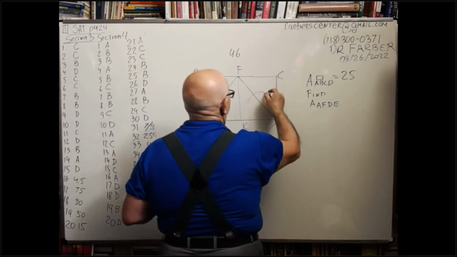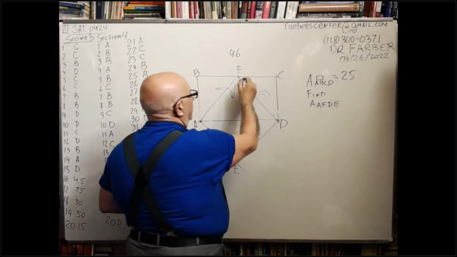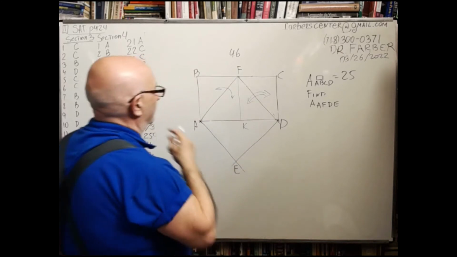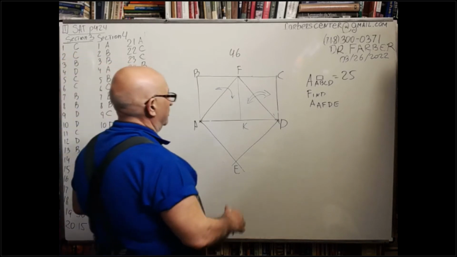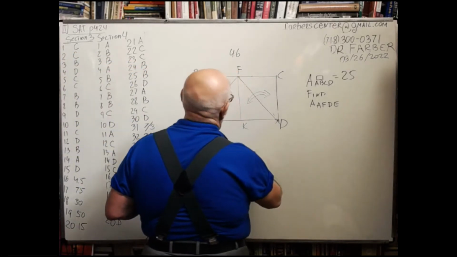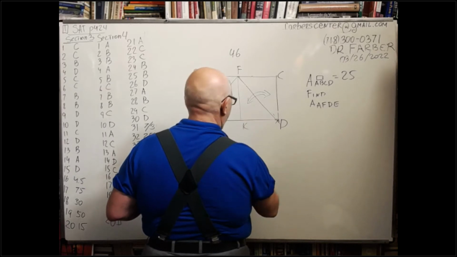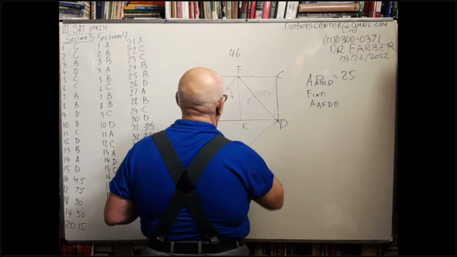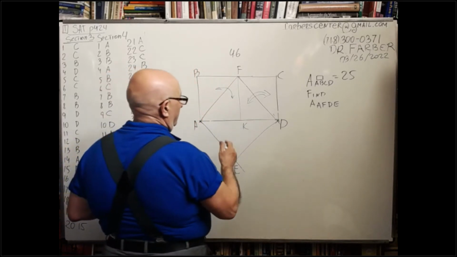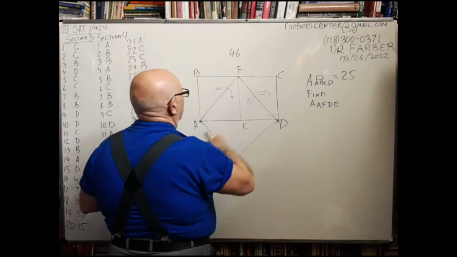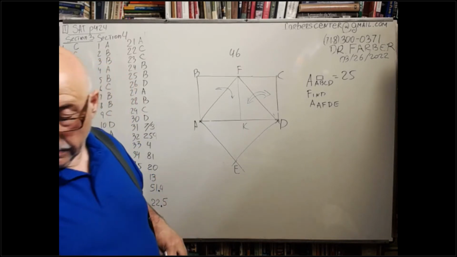And similarly, these two triangles are also the same. They're congruent. If I continue this one, from another side, AFDE is a parallelogram.